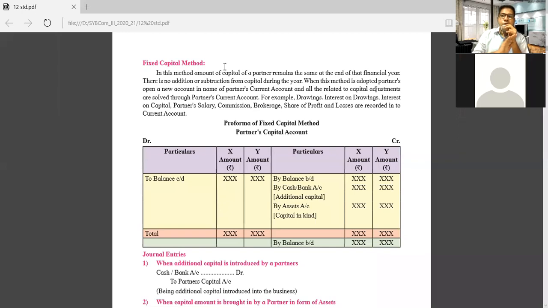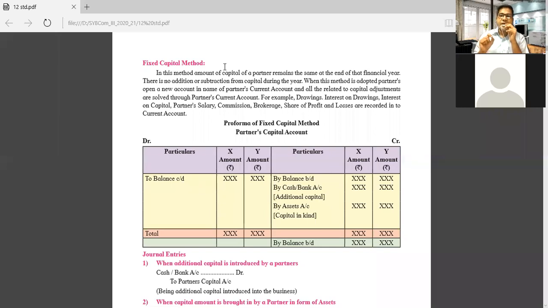We will not make any kind of change in this amount. A's capital 10,000, B's capital 20,000, and C's capital 30,000. So it is called the fixed capital method. There is no addition and no subtraction from capital during the financial year.